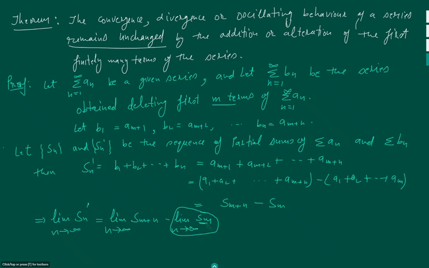As n tends to infinity, Sm would remain Sm. Since m is finite, this limit is finite, and hence the sequence Sn and the sequence Sn dash converge or diverge together.